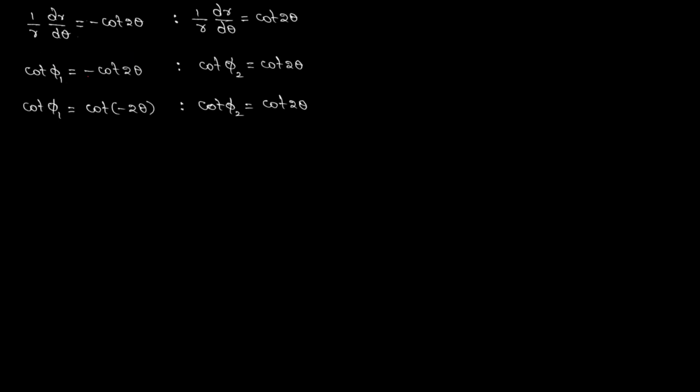Yes, we have taken the minus sign inside cot so that we can cancel this cot and the LHS cot. In the second expression also, if we cancel the cot on both sides, we get from the first expression phi 1 is equal to minus 2 theta, and from the second expression phi 2 is equal to 2 theta.